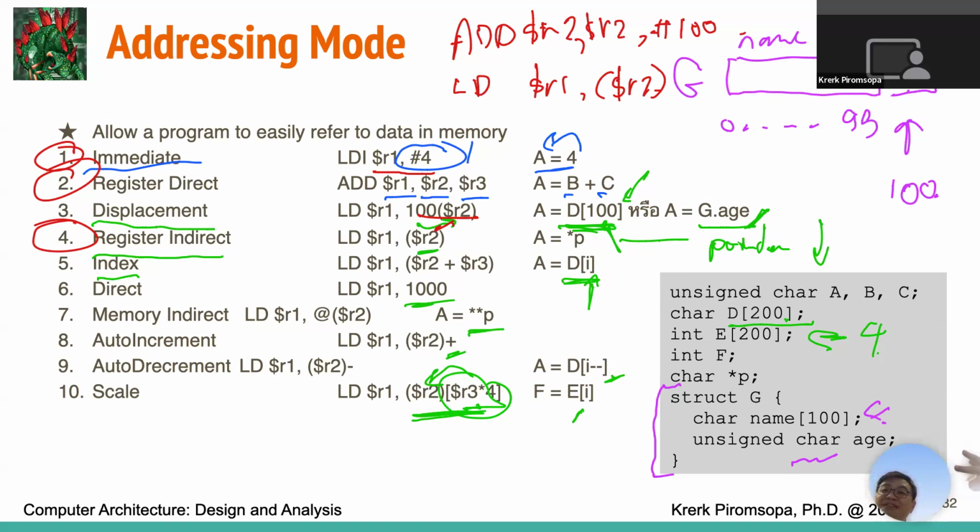Got my point? If we have only 3 addressing modes, technically speaking, we can translate every other addressing mode into register indirect, but it would take more cycles, more calculation. Meaning you calculate the address first and then read from the memory. But if we have displacement, it's just 1 cycle and I get the data right away, faster.